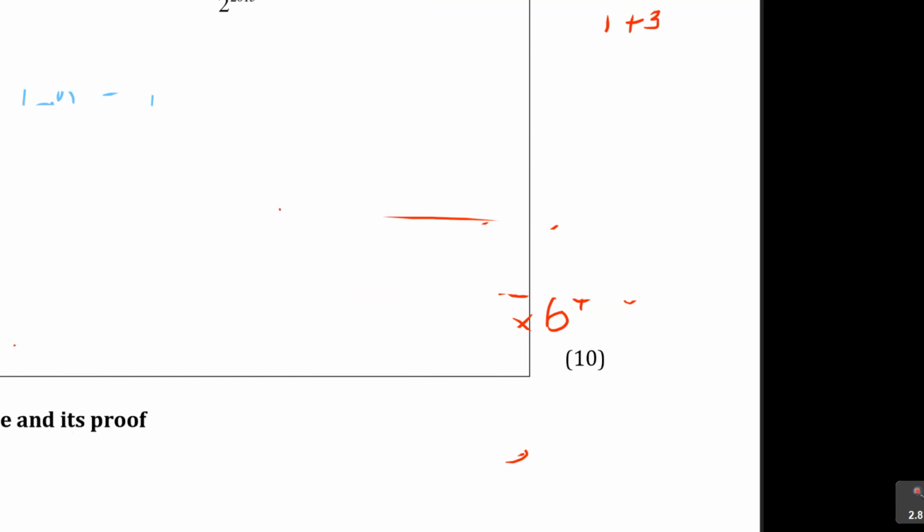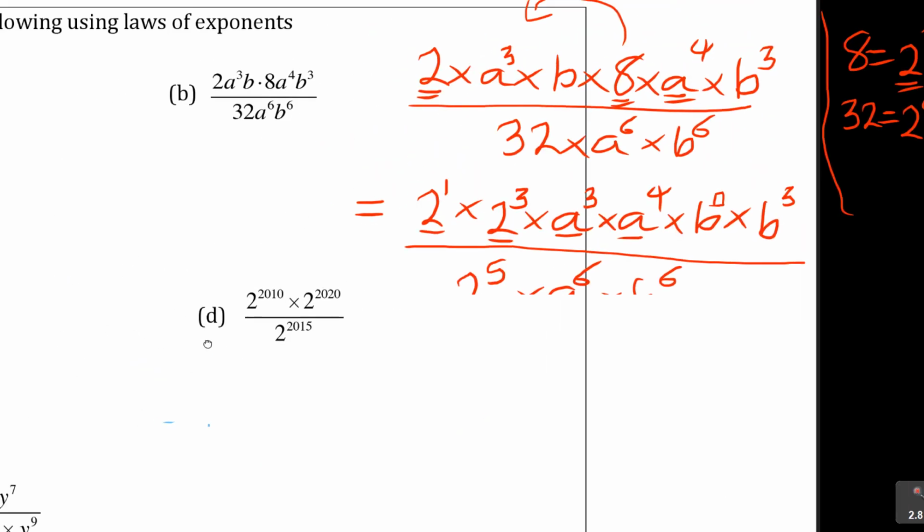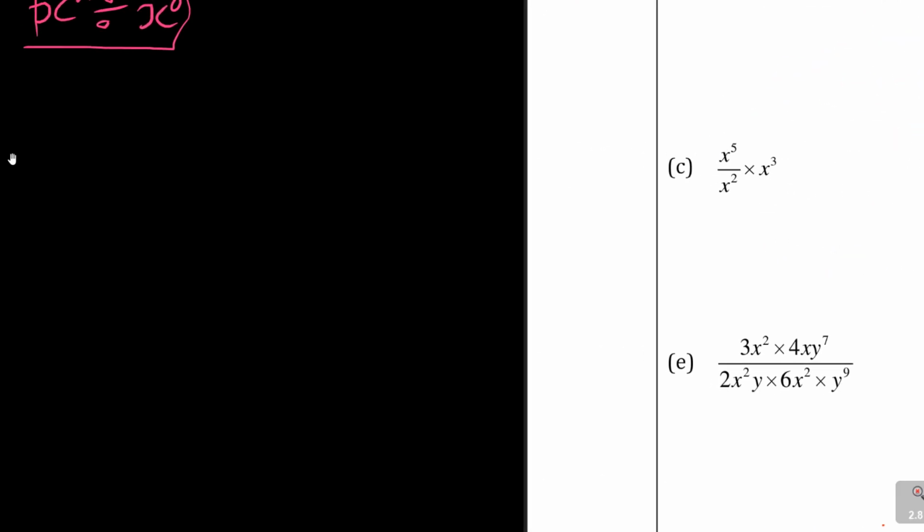Now let's look at the other ones, because I think this activity has quite a few problems here. Let me look at C. Yes, there is C. C is saying what? Look at C. X to the power 5 over x to the power 2, look at the times is written straight here, times x to the power of 3.